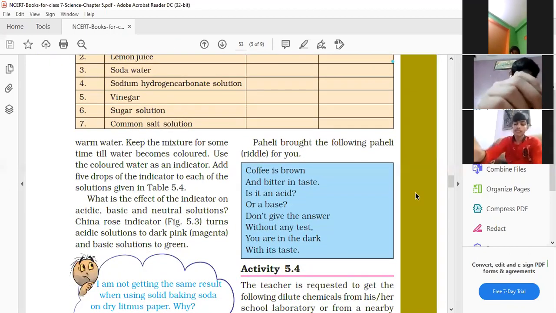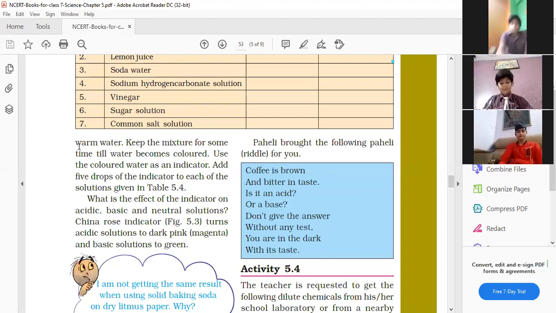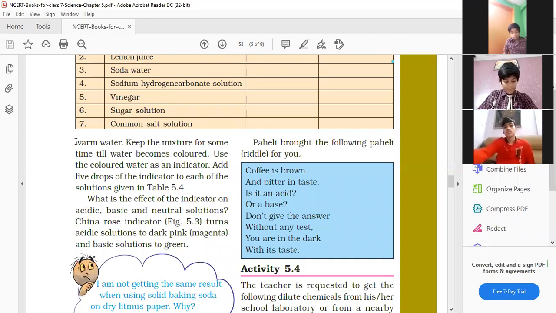Nishchay Jan, unmute yourself. Yes, ma'am. Start reading from this paragraph. We have put the petals of China rose plant in warm water. Keep the mixture for some time till water becomes colored.